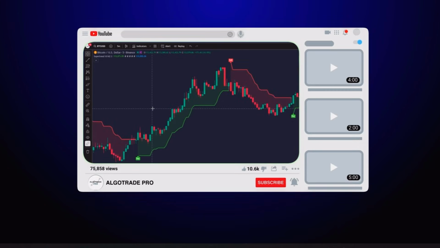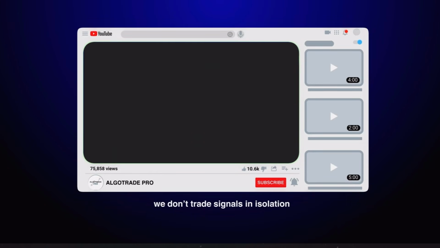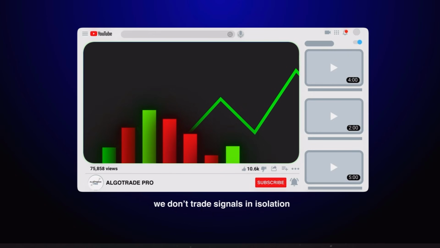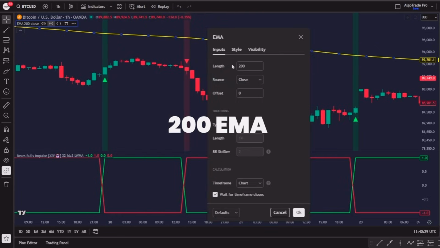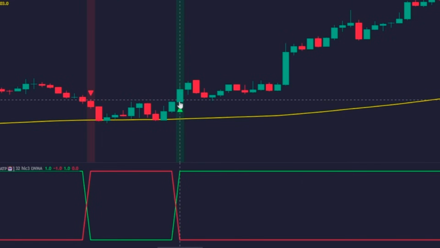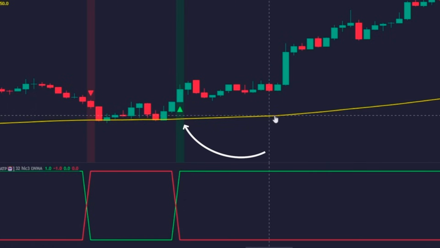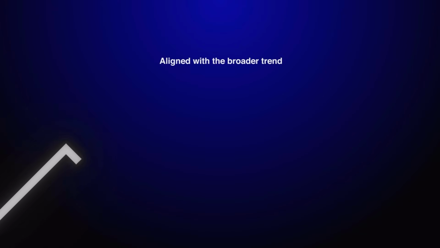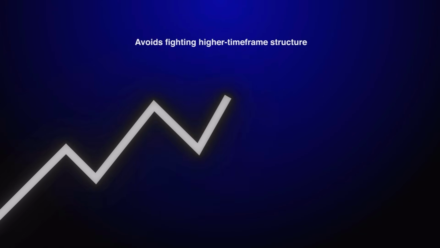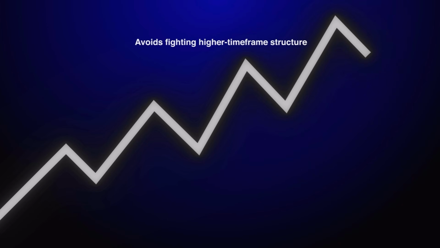But as always on this channel, we don't trade signals in isolation, context matters. That's why we'll apply a 200 EMA as our baseline. Long trades are only valid when the price is above the 200 EMA, and short trades are only valid when the price is below it. This keeps us aligned with a broader trend and avoids fighting higher time frame structure.